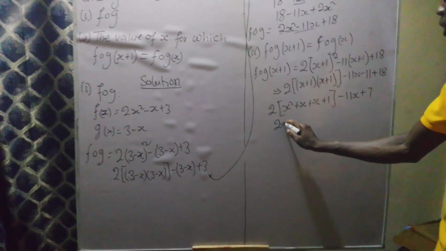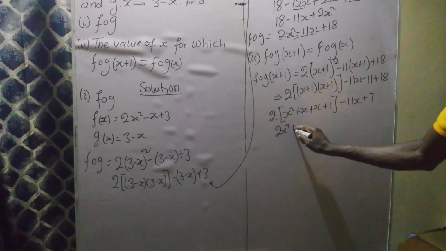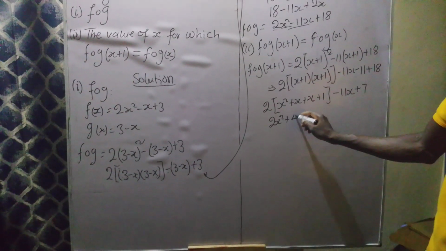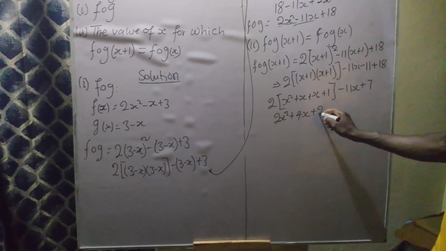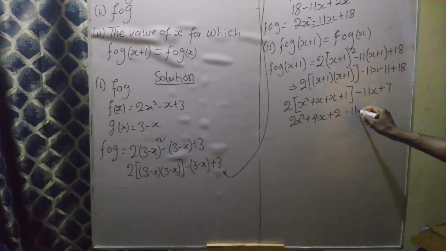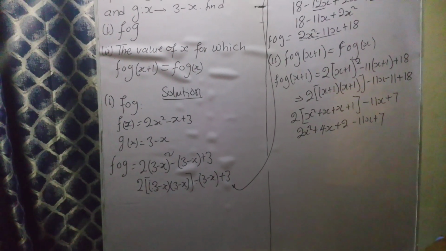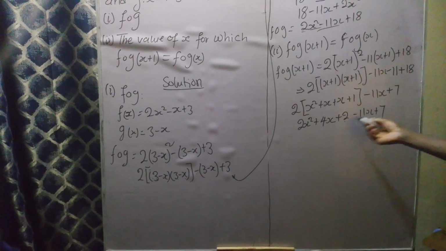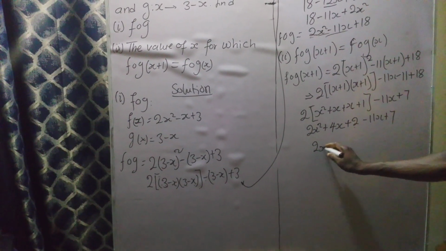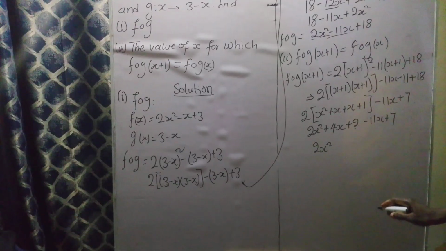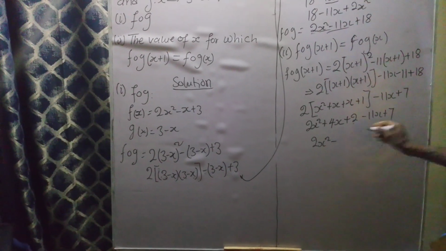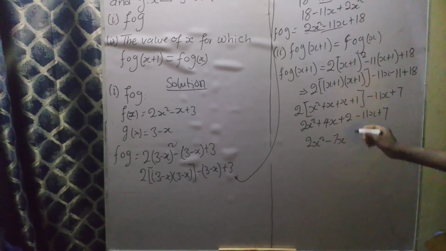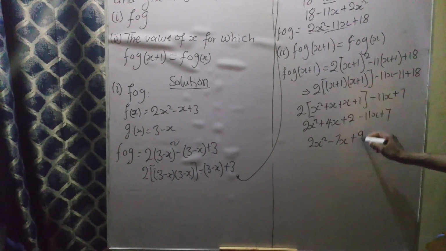From here, we use the 2 to expand the bracket. That would be 2x squared plus 2 times 2x, which is 4x, plus 2, minus 11x plus 7. From here, we have like terms: 2x squared, then 4x and minus 11x are like terms, that would be minus 7x, then 2 plus 7 will give you plus 9.